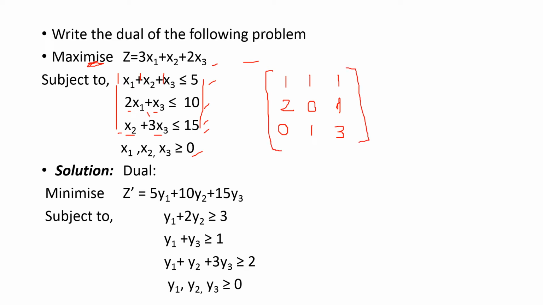Now a transpose of the matrix you have to take. So transpose means row will become column. So you have to write 1, 2, 0 and then 1, 0, 1, and here it is 1, 1, 3.